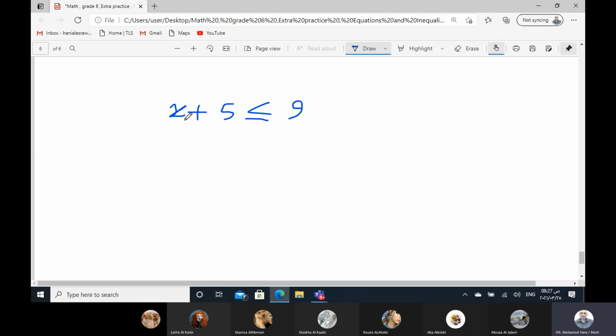Now I want all of you to write this inequality in your notebook, try to solve it and graph it, please. And tell me your solution.